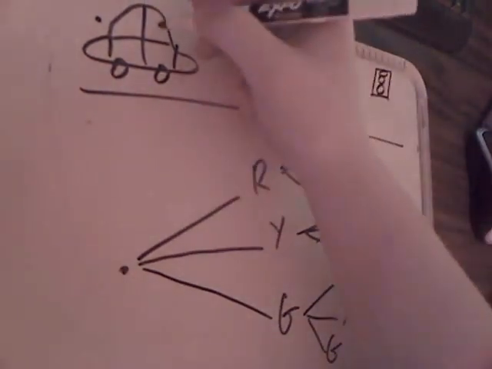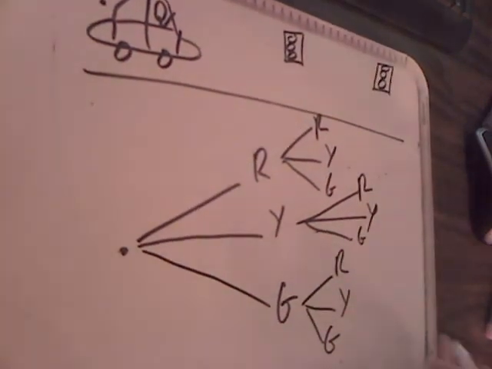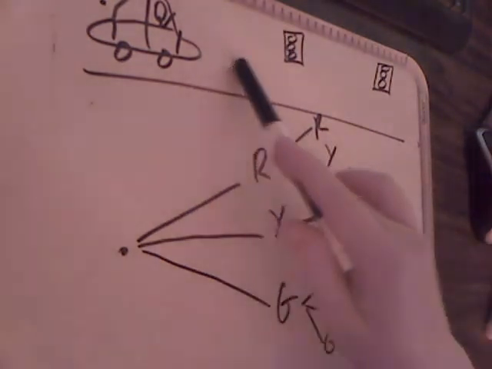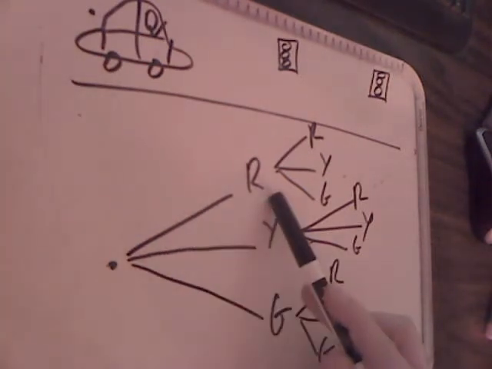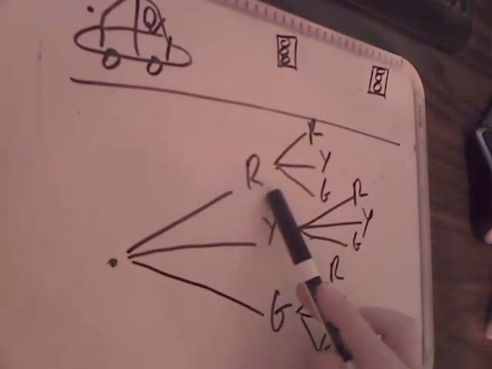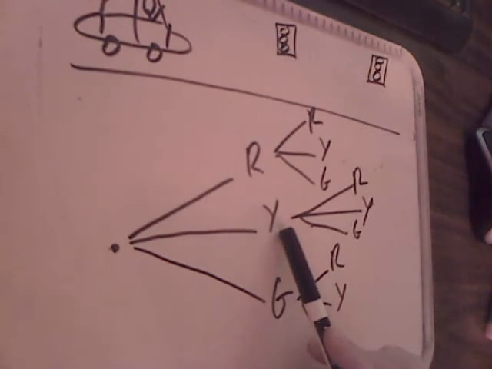So the driver of this car, who's waving at you, wants to know what is the probability that the driver is able to go past both of these lights and have them on green. Well, does this count over here? No, it does not, because this is a red light and we only wanted green. Does this count over here? No, it does not.